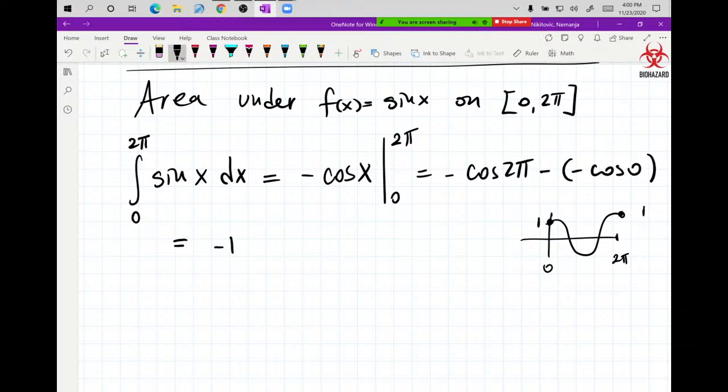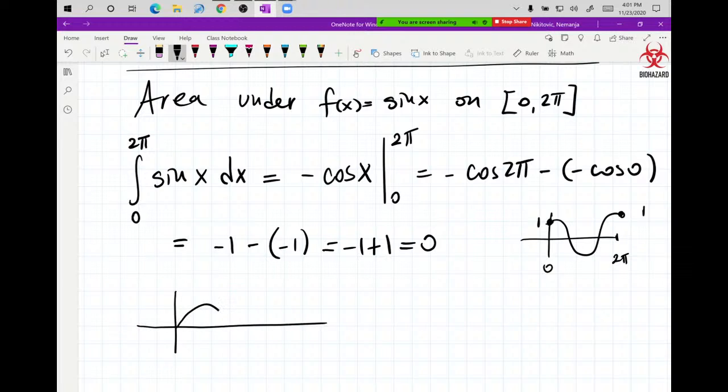So you get negative 1 minus negative 1, which is negative 1 plus 1, and you get a big fat 0. And you go, huh? What? 0? No way. Because when I draw a sine function from 0 to 2 pi, there is definitely area that I can color in.